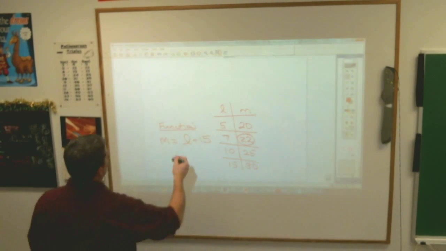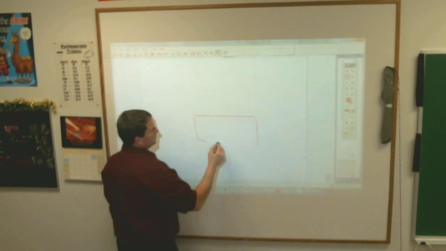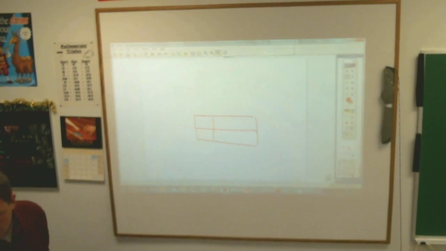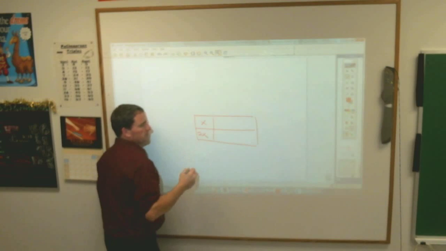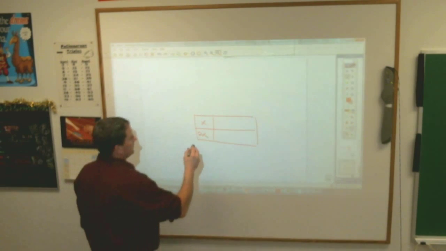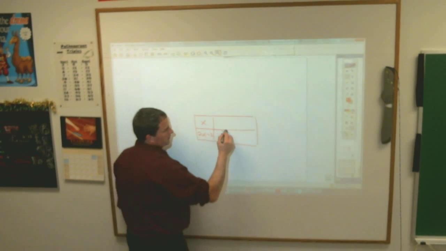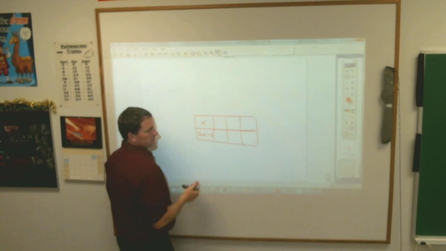Another way they might do it is like this. Sometimes they turn the tables on the sides. And they say, okay, here is x, and the bottom is 2x minus 2, 2x plus 2. And then you're given a bunch of numbers and you have to plug them in to see what happens.